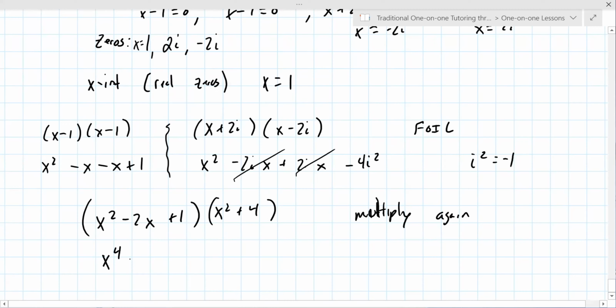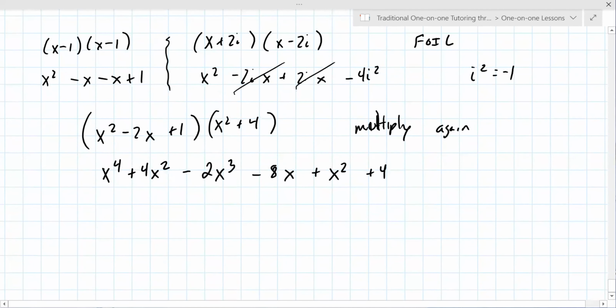So that's x to the 4th plus 4x squared minus 2x cubed minus 8x plus x squared plus 4. And you just combine like terms. So you get x to the 4th minus 2x cubed plus 5x squared minus 8x plus 4. That's your final answer for that.